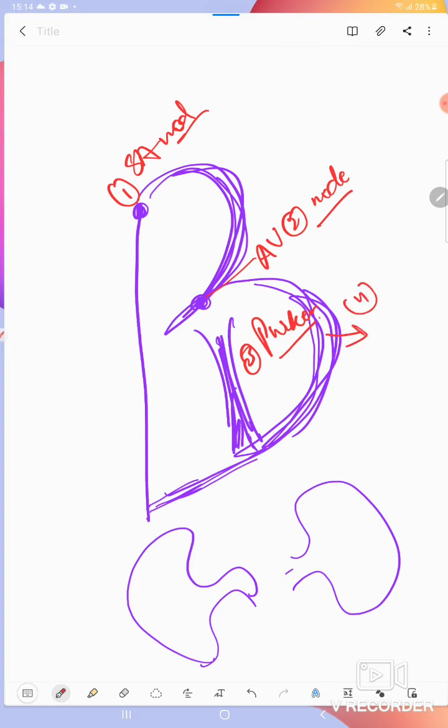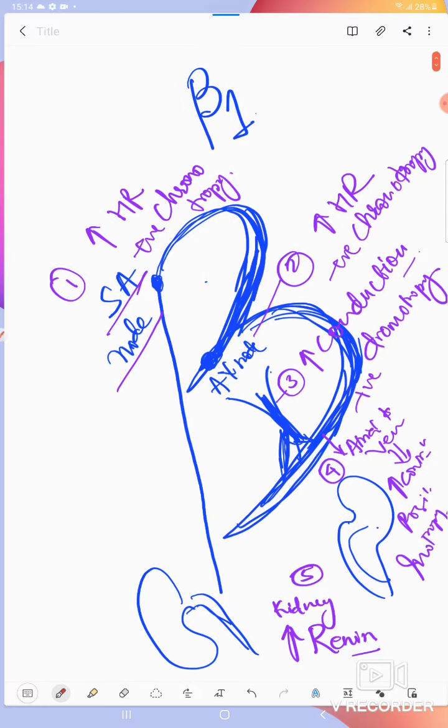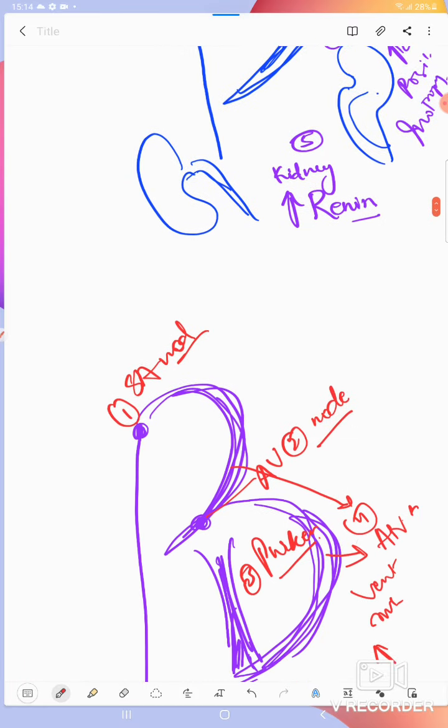You have the atrial and the ventricular muscles, where it increases the contraction. And at last you have the kidney, where it increases the release of the renin. So this is the simplified diagram for this. So these are all the different functions of beta 1 receptors.